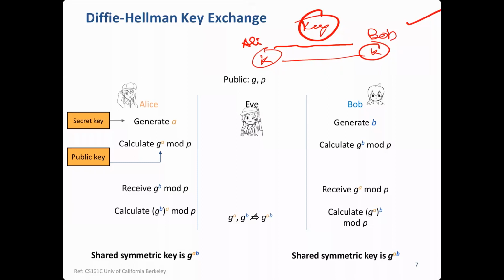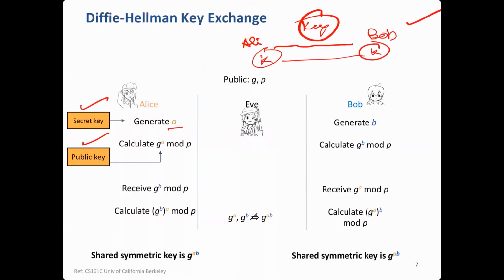It goes as follows: both Alice and Bob generate a secret key and a public key, and they do it independently. Alice generates A, a number she takes between 0 and p minus 1. I am skipping those details here.